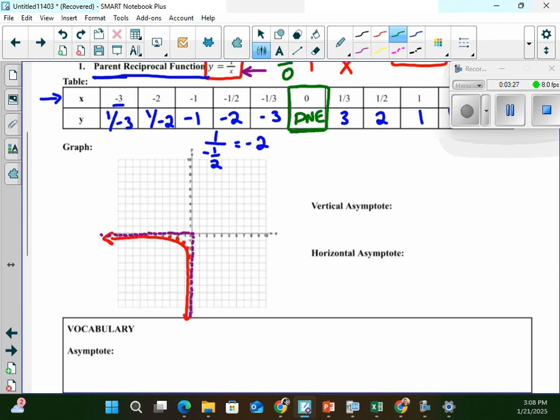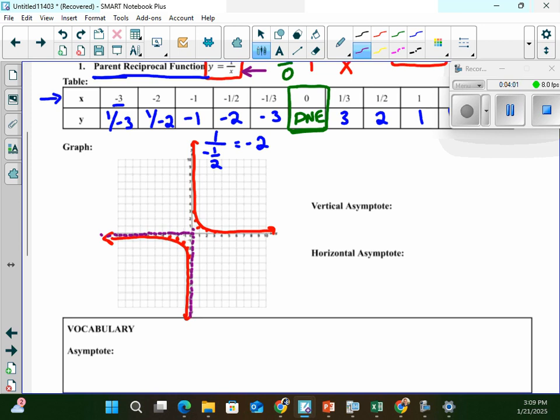Again, there's no point at x equals 0, so we're going to move on to x equals 1/3. When x is 1/3, y is 3. When x is 1/2, y is 2. When x is 1, y is 1. When x is 2, y is 1/2. And when x is 3, y is 1/3. We see we have a similar shape, the shape of a boomerang, but this one is now located in the first quadrant.